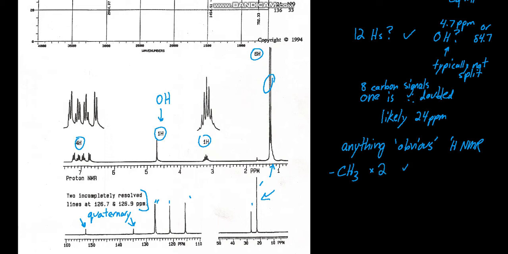Pretty obvious. What about benzene type rings? 7 to 8 ppm. Yes, it certainly does seem like we have 4 hydrogens on an aromatic ring. And that would necessitate that we have 6 aromatic carbons, right?